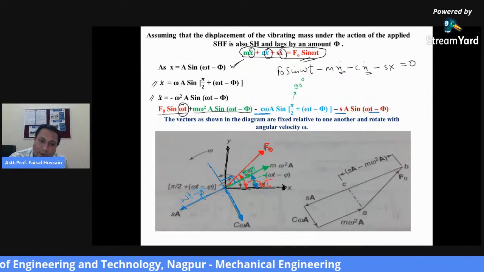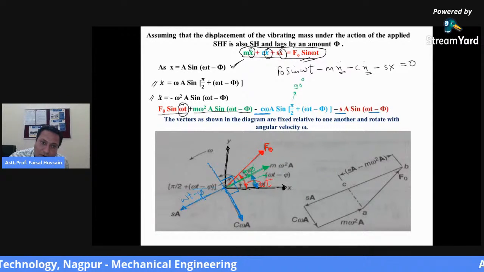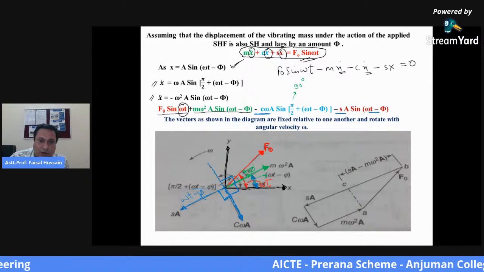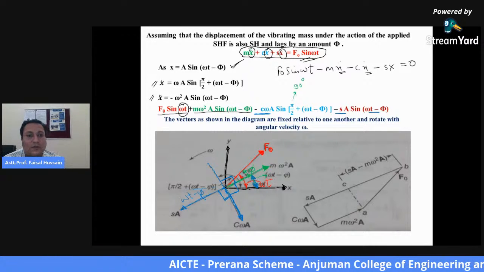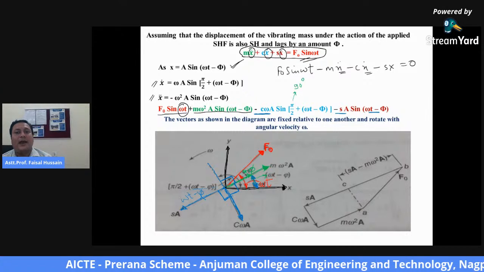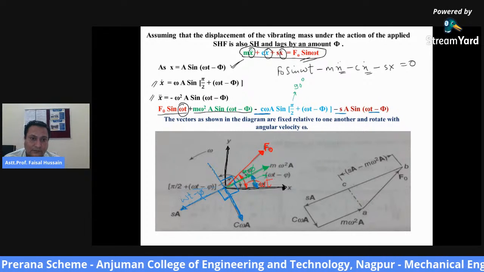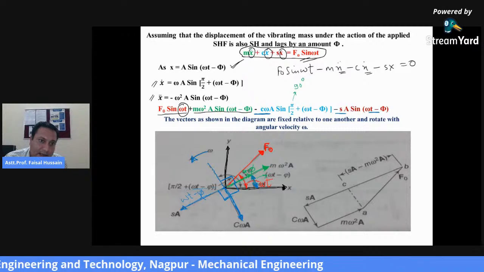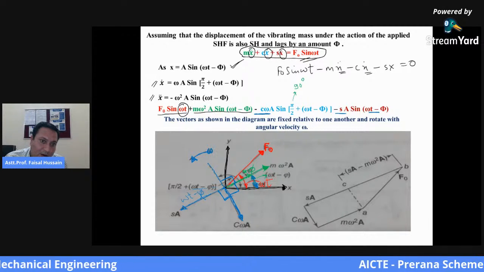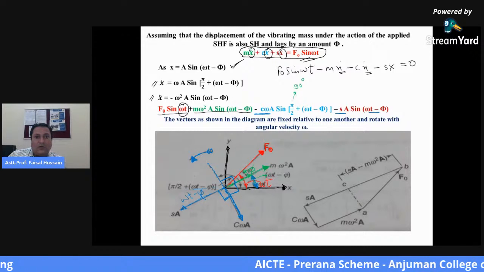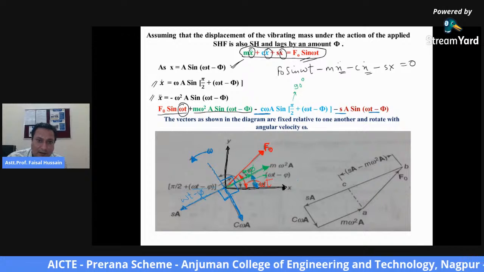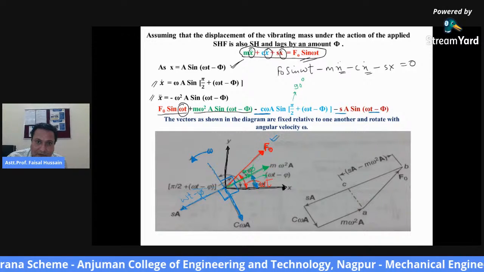So from this figure you can see that the inertia force, damping force and restoring force, all the three forces are mutually perpendicular. And if I assume omega in the anti-clockwise direction, my first force is, tell me, the first force is FO.